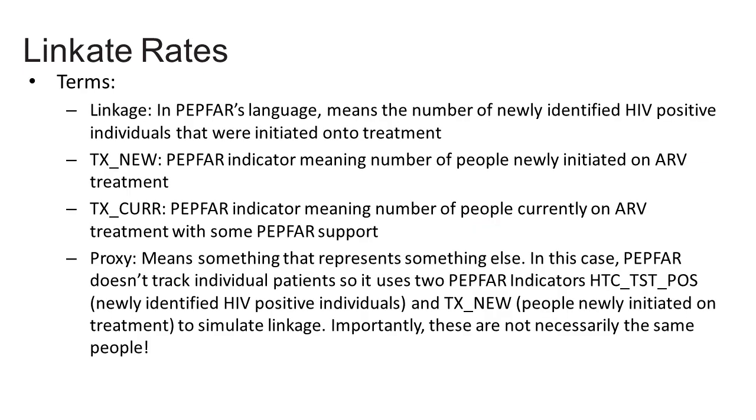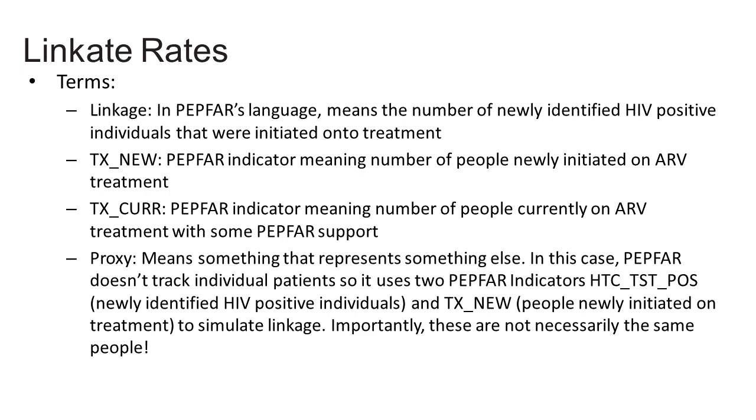So just again, terms. Linkage in PEPFAR's language means the number of newly identified HIV positive individuals, so those HTS_TST_POS that we talked about a minute ago, or the yields, that were initiated onto treatment in either the quarter or the year or whatever the time period is that they're looking at. TX_NEW is PEPFAR's indicator, meaning the number of people who were newly initiated on ARV treatment.